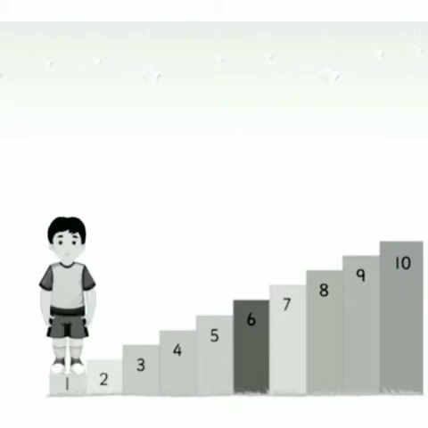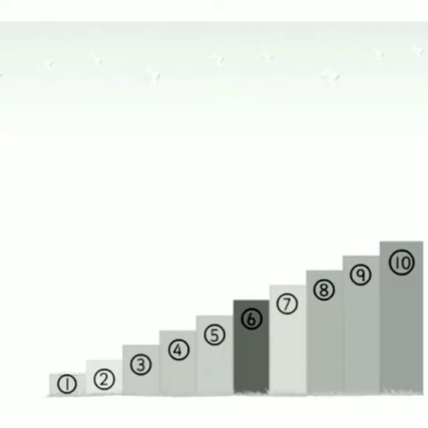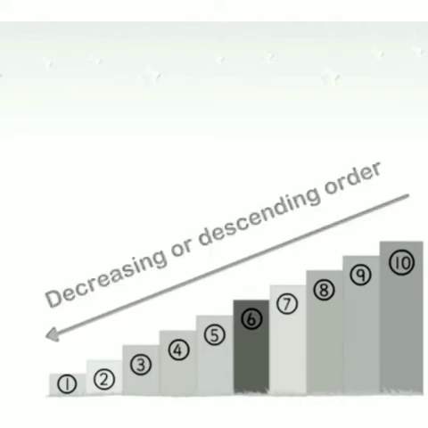Now as he comes down each step, he is descending or moving towards a smaller number than the previous number. Now we can say that the numbers are arranged from greatest to smallest. They are the descending or decreasing numbers.